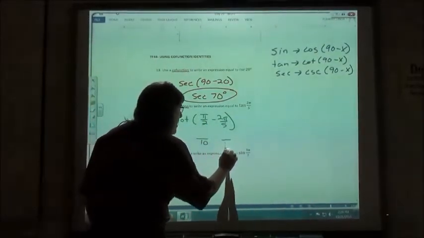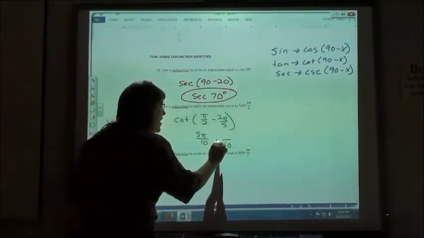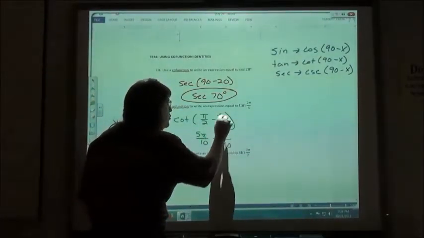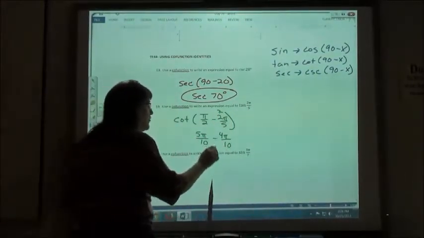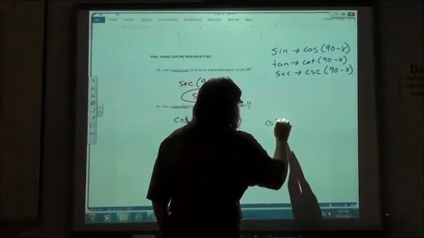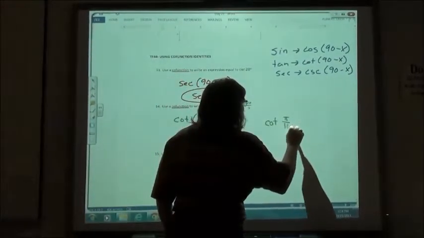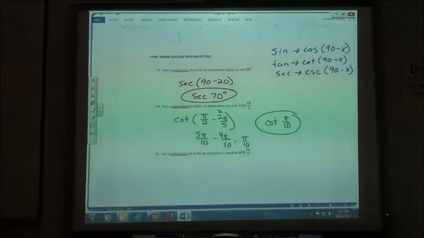Find my common denominator. 2 goes into 10 5 times. 5 goes into 10 2 times 2. And so 5 pi over 10 minus 4 pi over 10 is just pi over 10. And so I get the cotangent of pi over 10. That is the cofunction that's equal to the tangent of 2 pi over 5. If I would find those two values, I'd get the exact same answer for both of them.